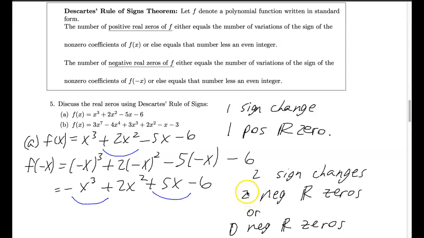So you're going to get 2 minus 2 is the 0.